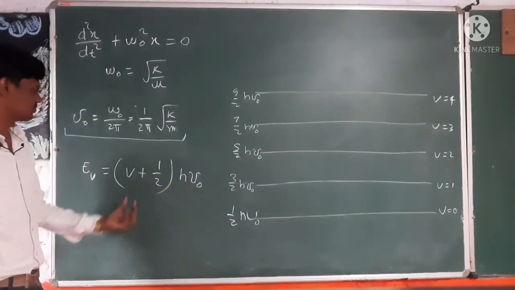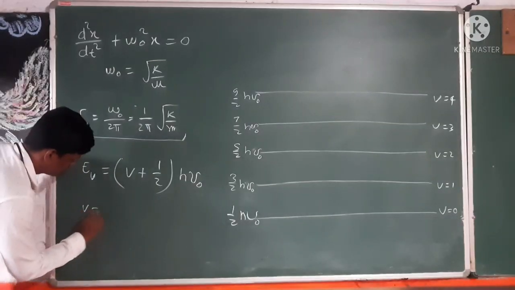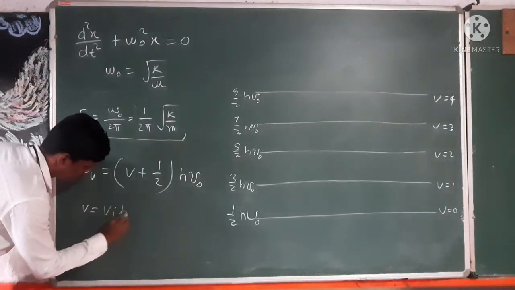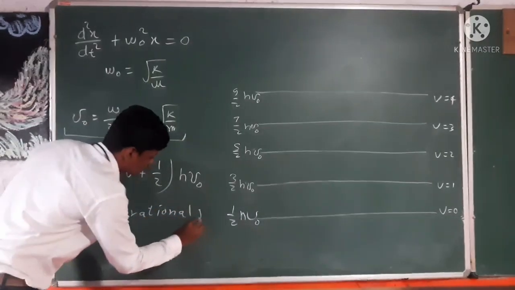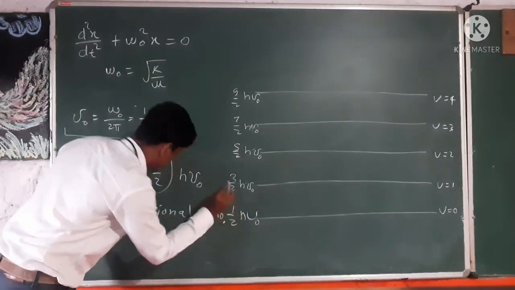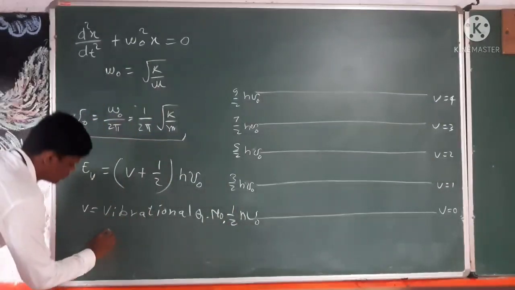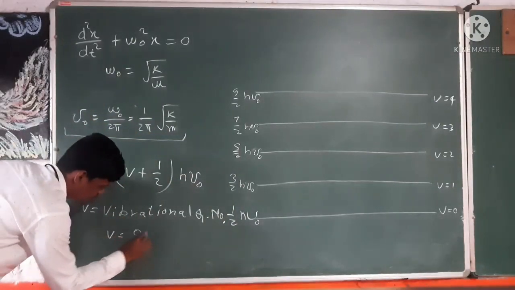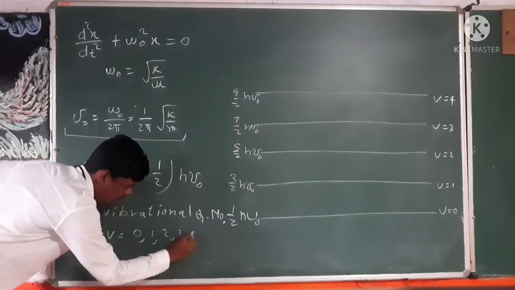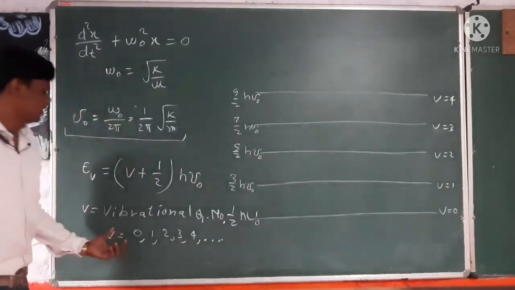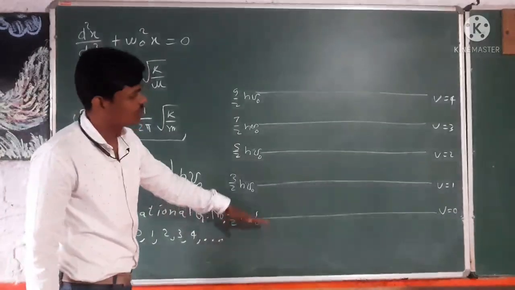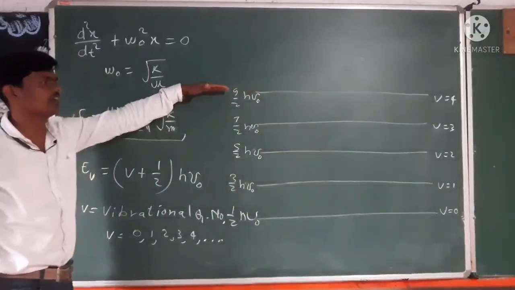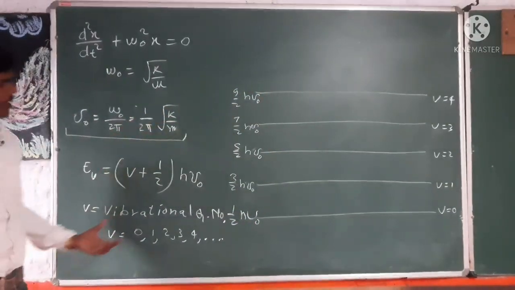Now, h is Planck's constant and v is obviously the vibrational quantum number. So that will be the vibrational quantum number v having values 0, 1, 2, 3, 4 and so on. Putting these values in this equation, we can plot all these energy levels, vibrational energy levels. So these are the vibrational energy levels.